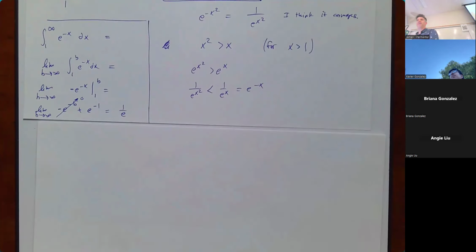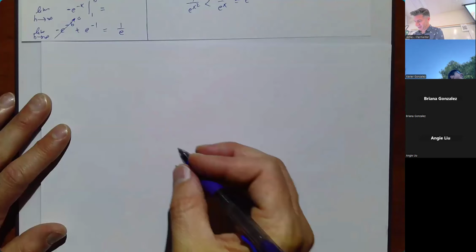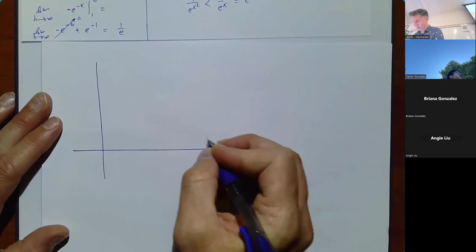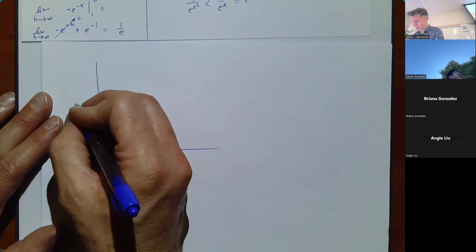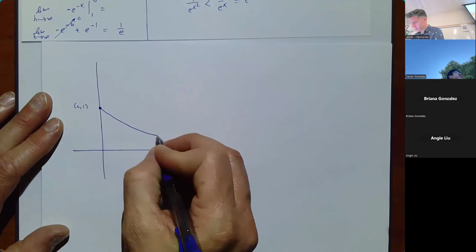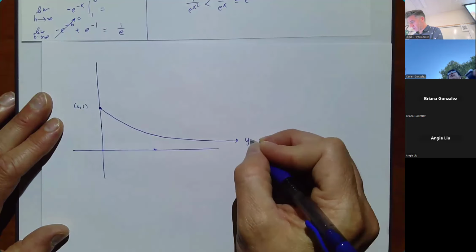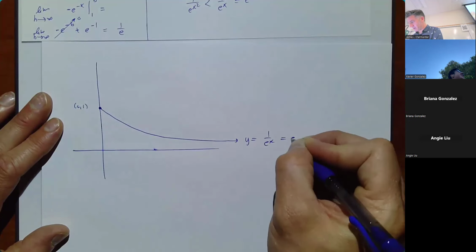The graph of 1 over e to the x actually looks like this, starting at the point (0, 1). So there's y equals 1 over e to the x, which is e to the negative x.